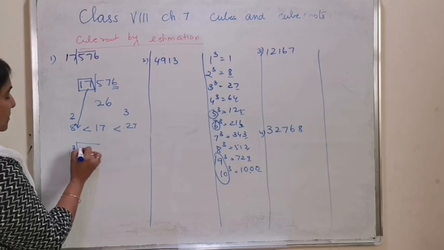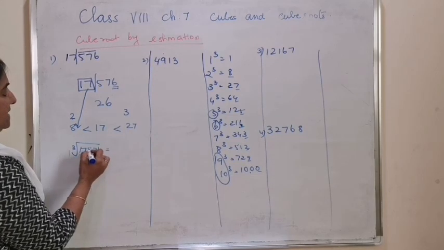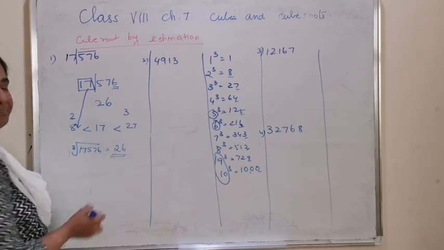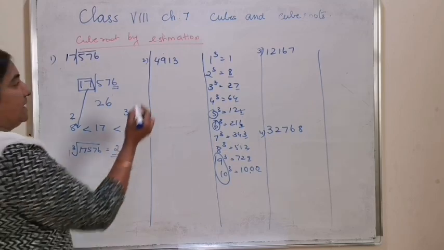That is, cube root of 17,576 will be 26.